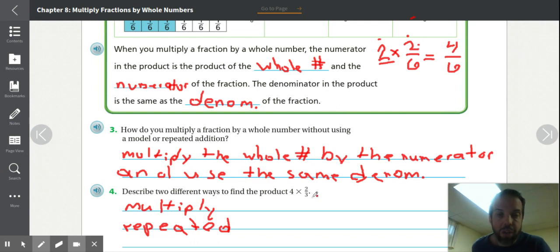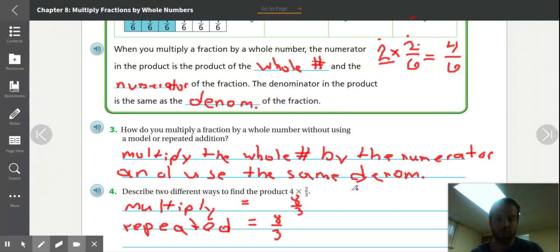So it doesn't matter if I multiply 4 times 2/3, I should get 8/3, right? Because my whole number 4 times my numerator 2 would be 8. Denominator stays the same. If I add 2/3 4 times, 2/3 plus 2/3 would be 4/3, plus another 2/3 would be 6/3, plus another 2/3 would be 8/3. So please make sure you have this written down in your book.